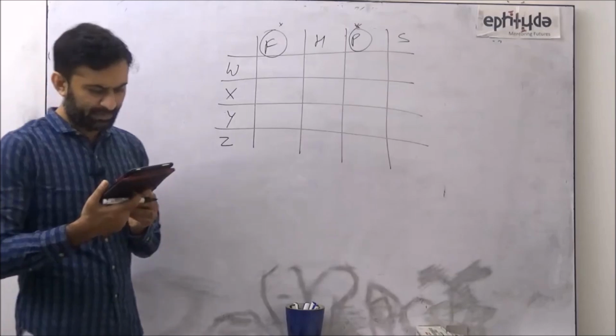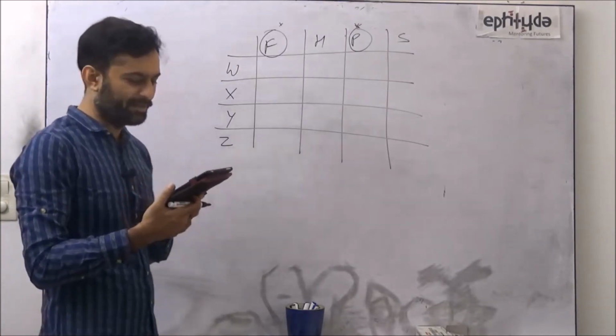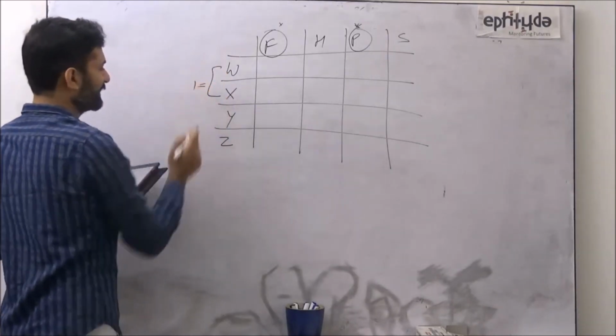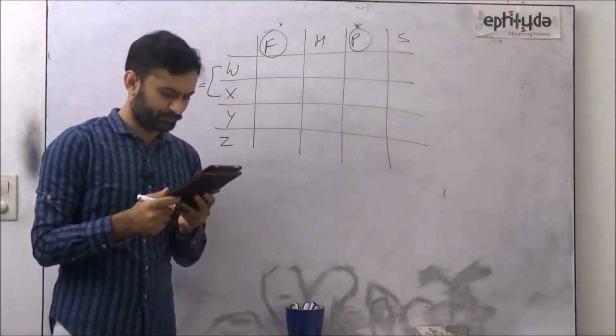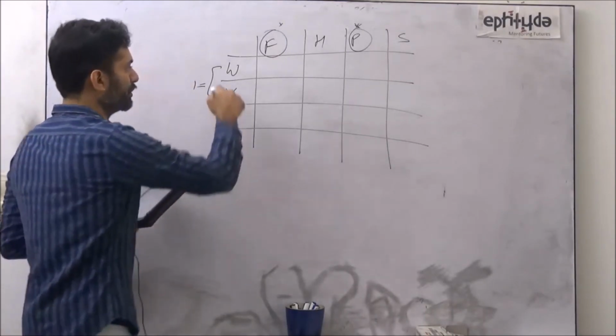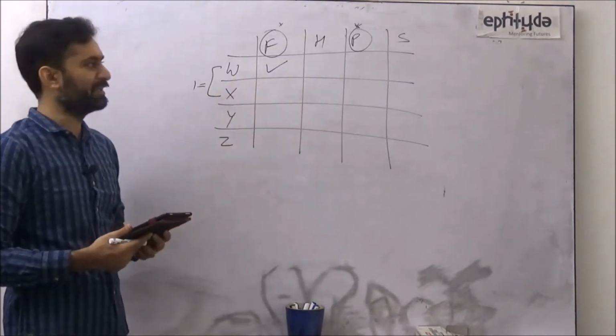Medicine W and X have exactly one side effect in common. W and X, exactly one. Fatigue is a side effect of W. So when fatigue is a side effect of W, what does it mean?